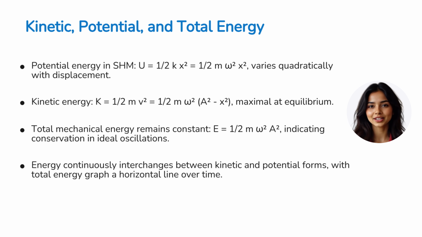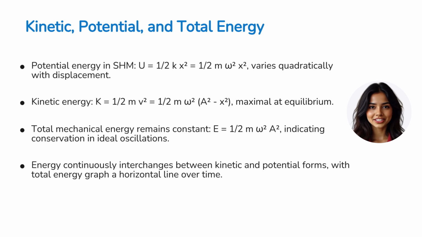Next, kinetic energy, which is due to the object's motion, is given by K equals 1/2 m times v squared. Using our SHM relationships, we can rewrite this as K equals 1/2 m times omega squared times the quantity A squared minus x squared, showing that kinetic energy is maximum when the object passes through equilibrium, where displacement x is 0, and 0 at the turning points.